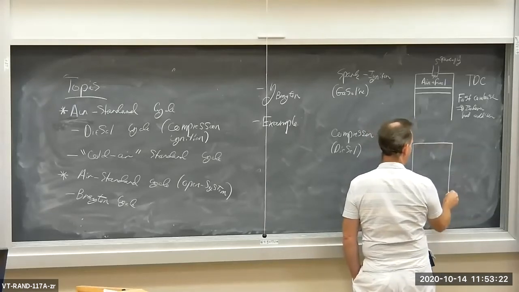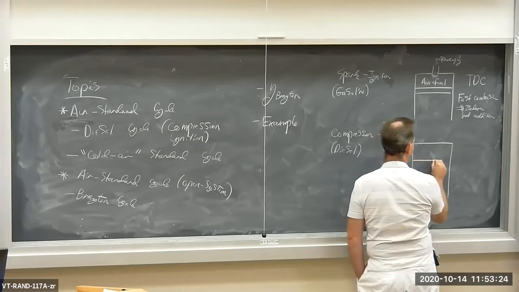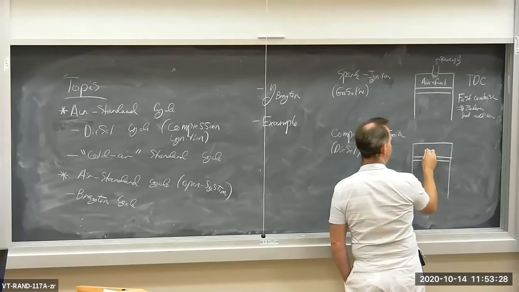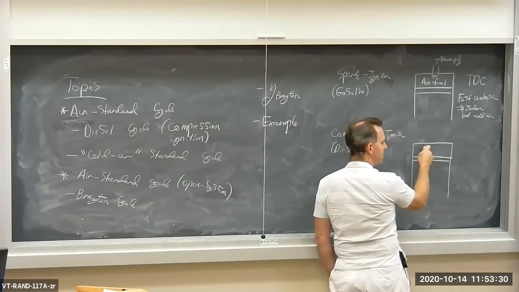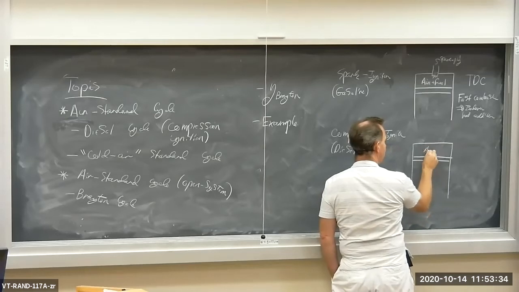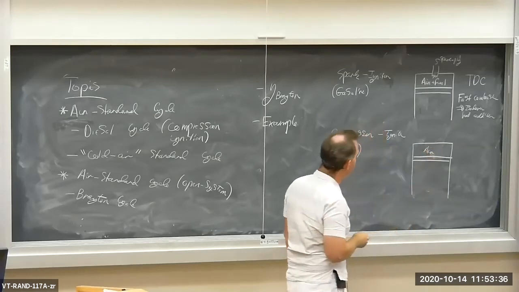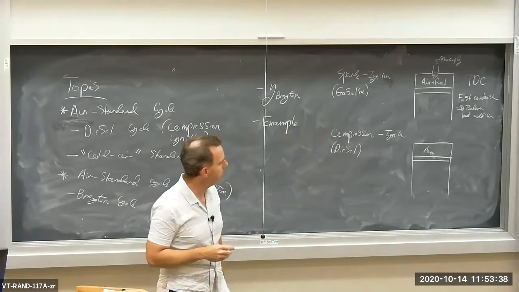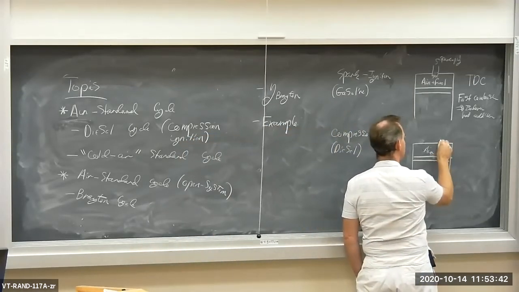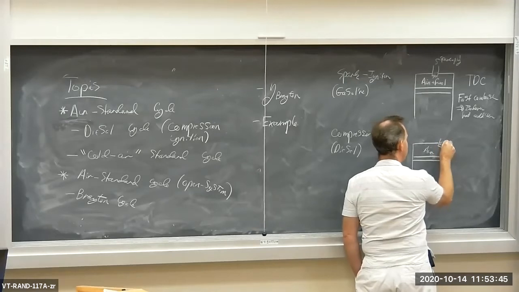So here we are around top dead center. Instead of having an air-fuel mixture pre-mixed and ready to explode, we simply have air. We simply have air, not fuel, just air. And we have a fuel injector.